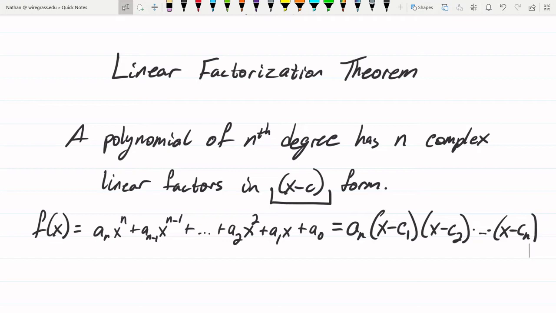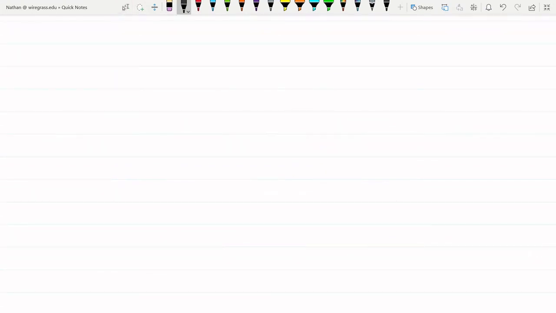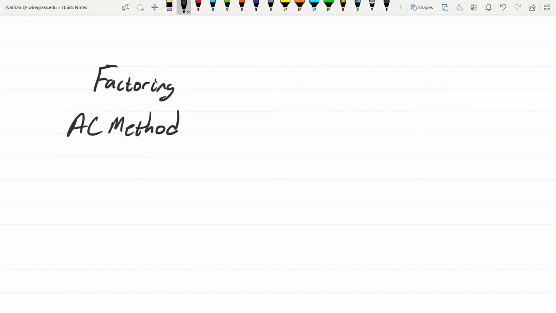Well, there's a few techniques that we know. If the degree of the polynomial is small enough, then factoring strategies work. So the strategies that you can use, of course, is like the AC method. We have the quadratic formula.